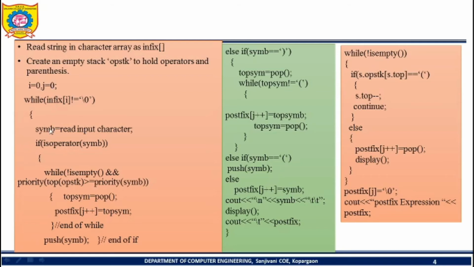Then for this symbol we have to check whether it is an operator. isOperator is one function which checks whether the given input is an operator. If it returns value 1, then if the stack is not empty, we have to check whether the priority of the operator in the stack is greater than or equal to the priority of the symbol that we are reading.